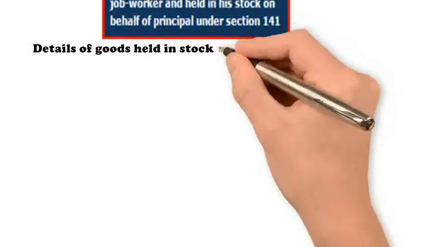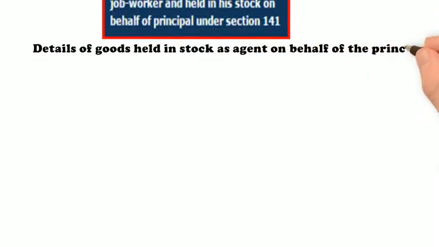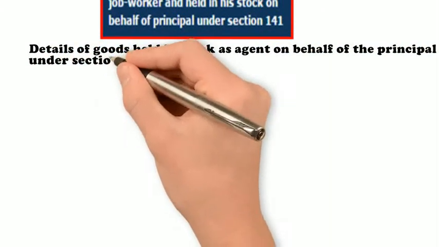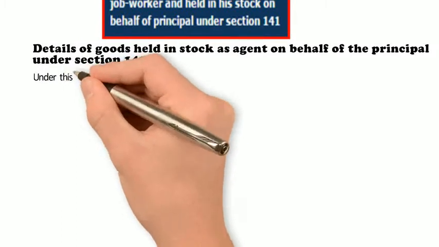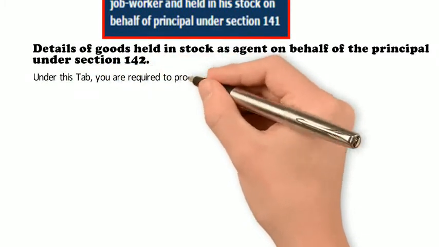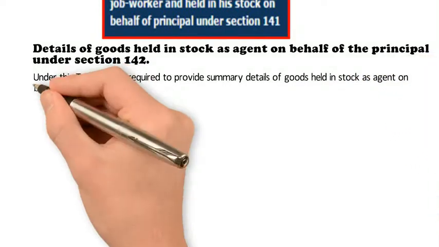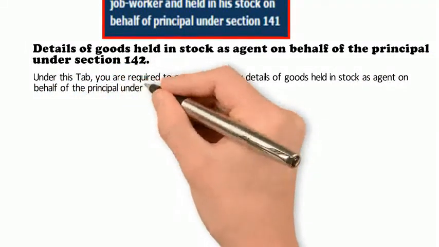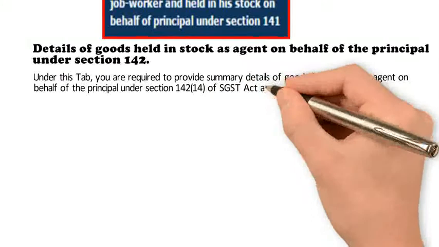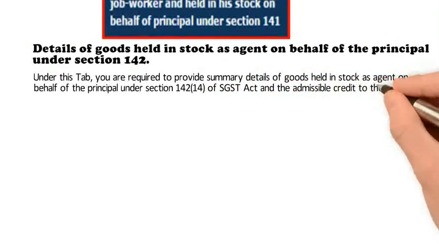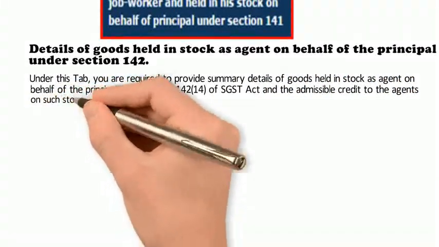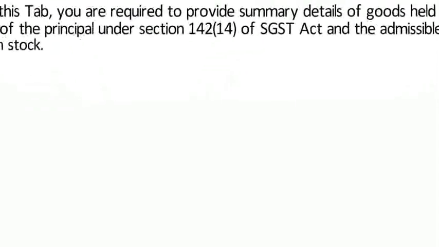Details of goods held in stock as agent on behalf of the principal under Section 142(14) of the SGST Act and the admissible credit to the agents on such stock.